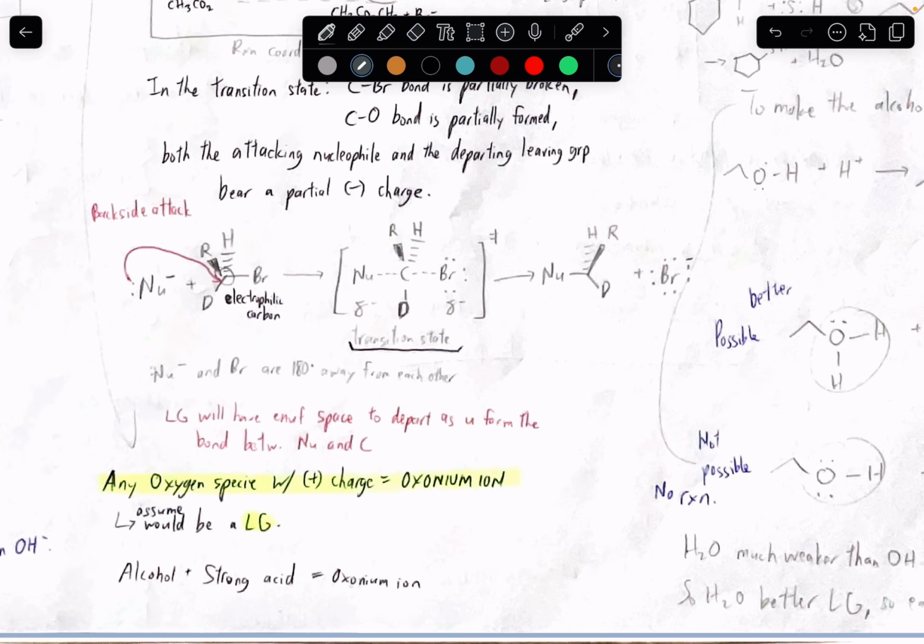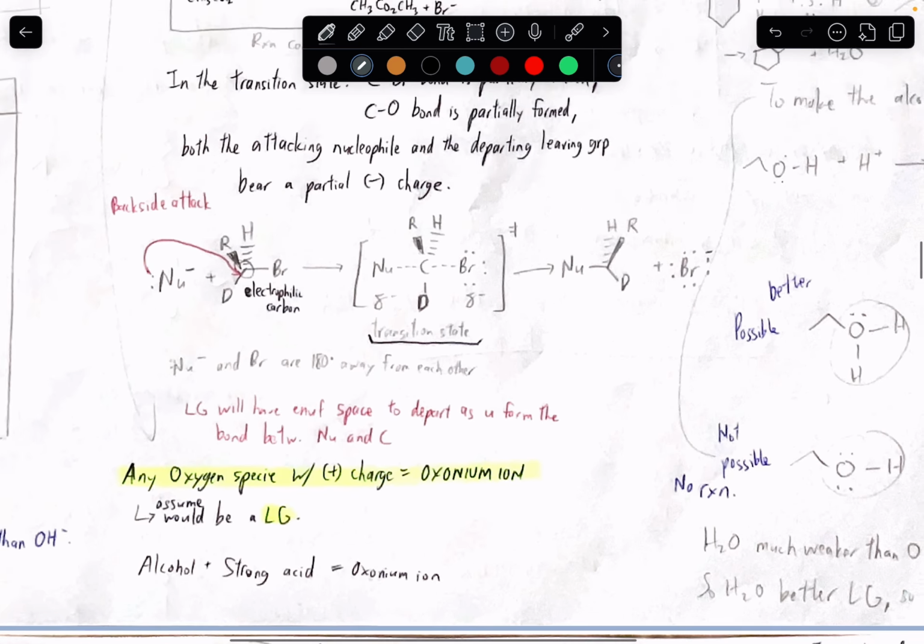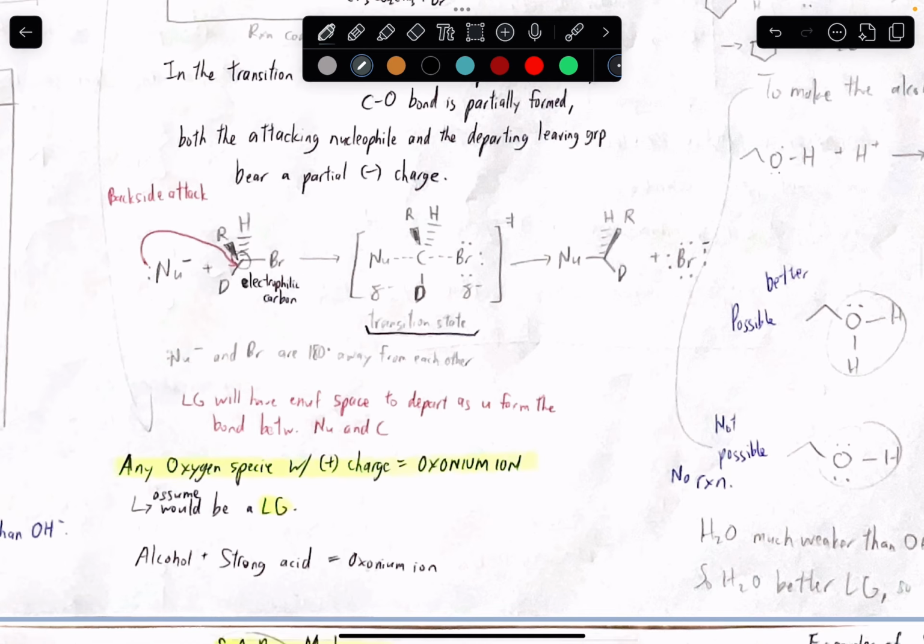Stereochemistry, enantiomers, chirality. That's confusing. I never really liked mirrors. Anyways, moving on. The leaving group will have enough space to depart as you form the bond between nucleophile and carbon.